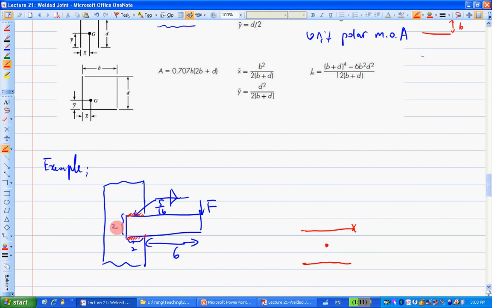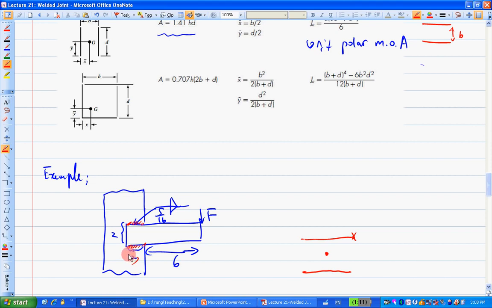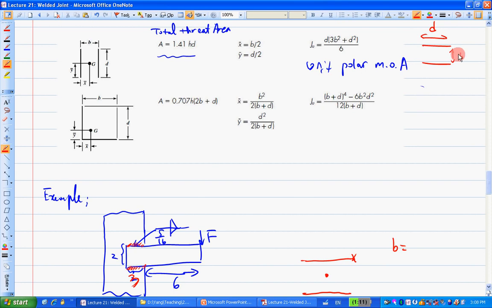But if I change this to maybe, I don't know, 2, maybe change that to 3. So what's B, what's D? Let's say this is 3 here. So what's B? B equal to what? To 2 or 3? To 2. D is 3. Okay? D is 3.